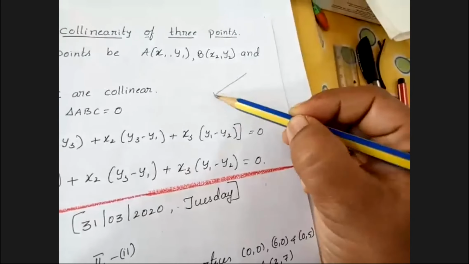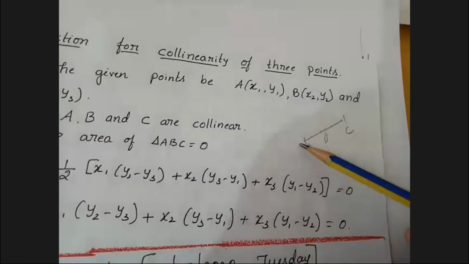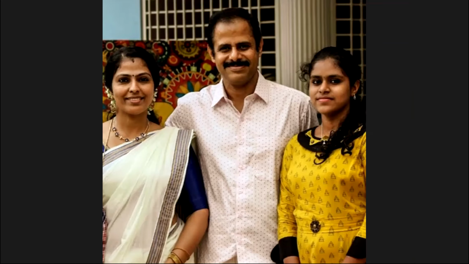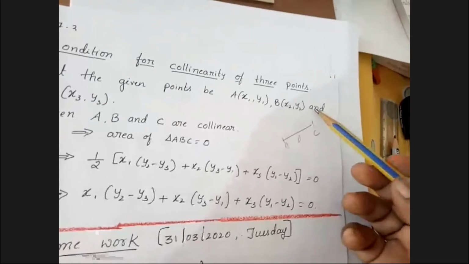Here, if they ask about collinear, see in a triangle, if all 3 points A, B, C are on the same line, will you be able to form a triangle here? No, ma'am. So we can't form a triangle. Then what will be the area of this triangle? We can't even find the area, so it is 0 only, right?